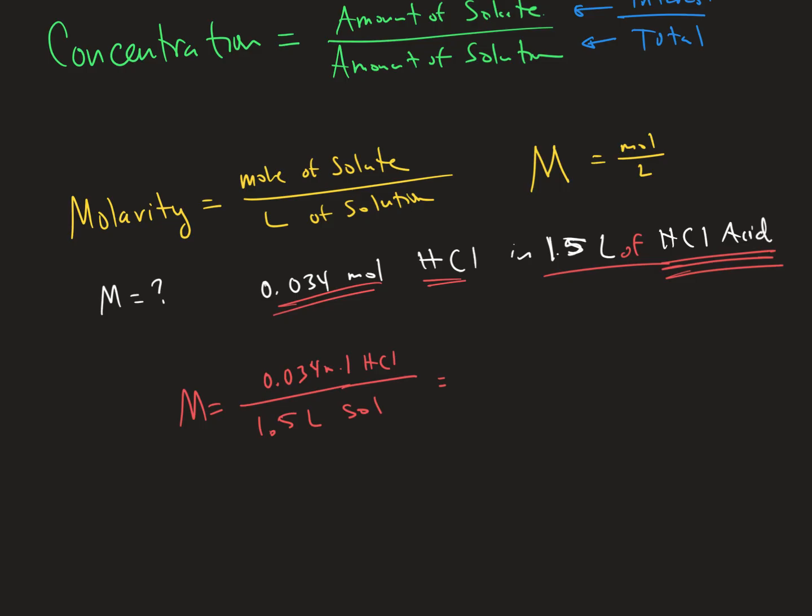And we do the math, we get 0.023. We can call it moles per liter, or we can just say 0.023 molar solution of HCl. You see how I changed the name a little bit? I call it 0.023 molar solution. Means the molarity is 0.023. Good?